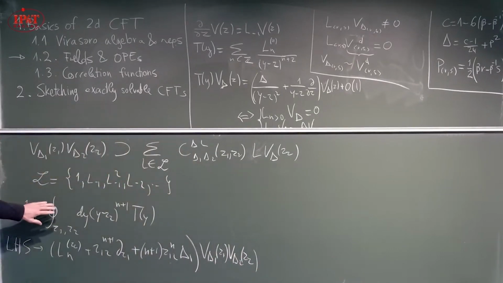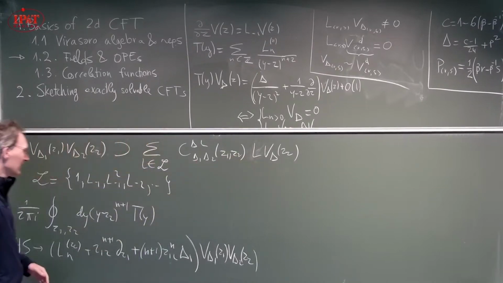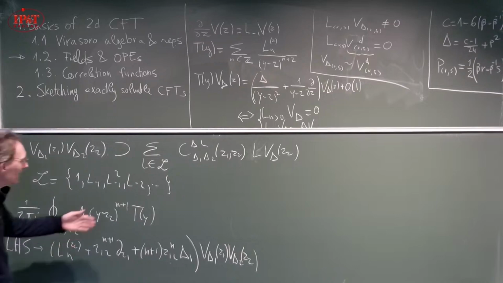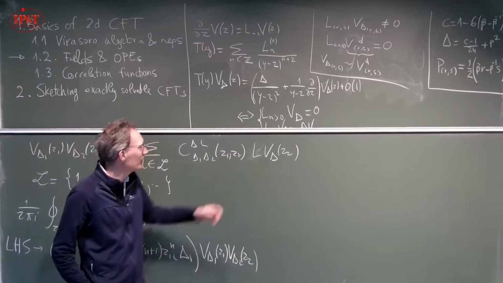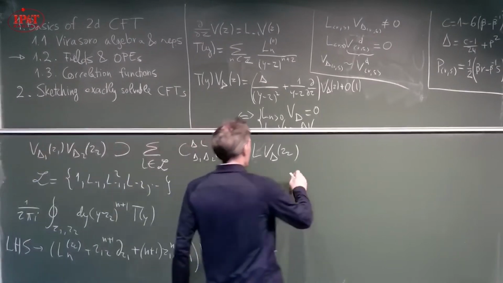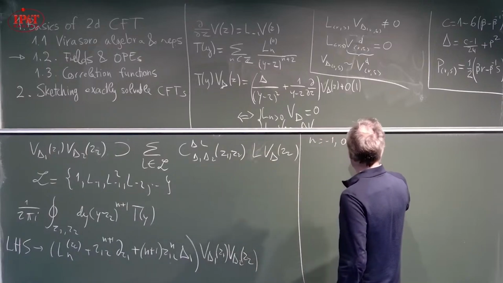On the other hand, on the right-hand side, we only have a field at z2. There is nothing at z1. And this gave us just the action of L_n on all these fields. Okay, so we use this equation in the two cases n equals minus 1 and n equals 0.